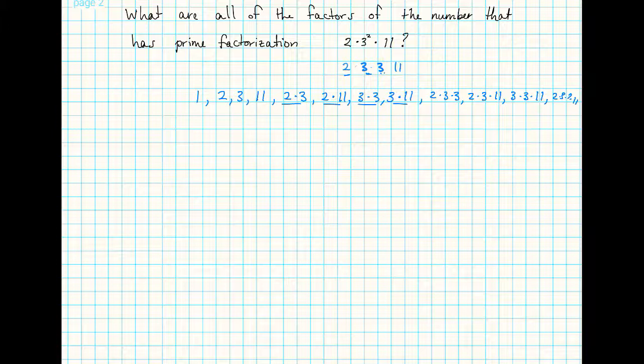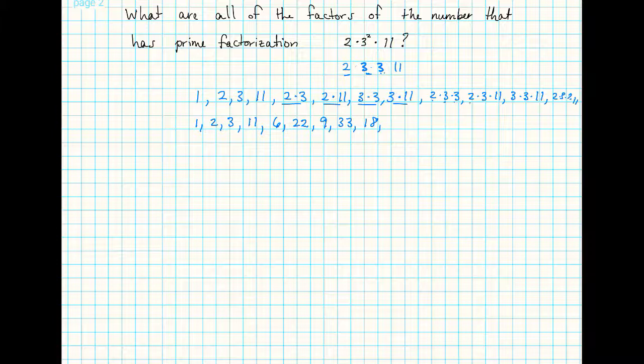So if I want to multiply these out to see what those numbers are, we have 1, 2, 3, 11. 2 times 3 is 6. 2 times 11 is 22. 3 times 3 is 9. 3 times 11 is 33. Let's see, 2 times 3 is 6, 6 times 3 is 18.